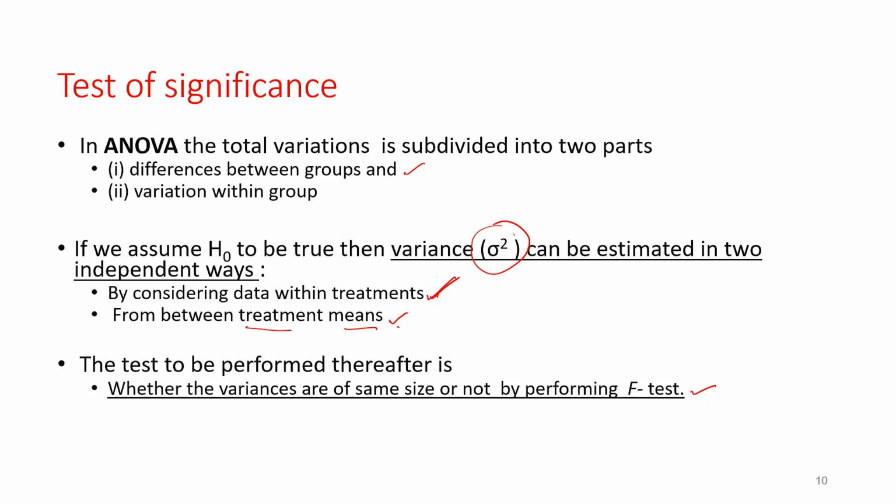We have already learned earlier that if we want to check whether the variances are different from each other or not, we take the ratio of the variances and that follows the F distribution. That corresponding test is known as the F-test. So here also we will be performing the F-test on the estimated variances.